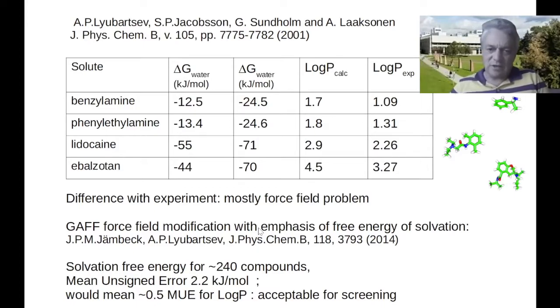We computed solvation free energy for more than 200 organic compounds, which were also molecules like this. This shows a mean unsigned error of about 2 kilojoule per mole, which produces about half a unit of mean unsigned error for the log P coefficient. So it is somewhat less than we see here. And this is, in principle, acceptable for screening of molecules for desirable values of the log P coefficient.